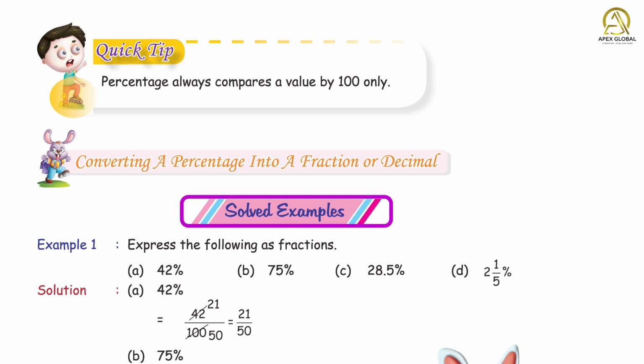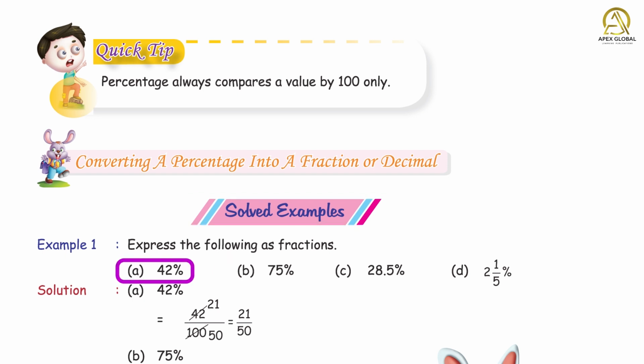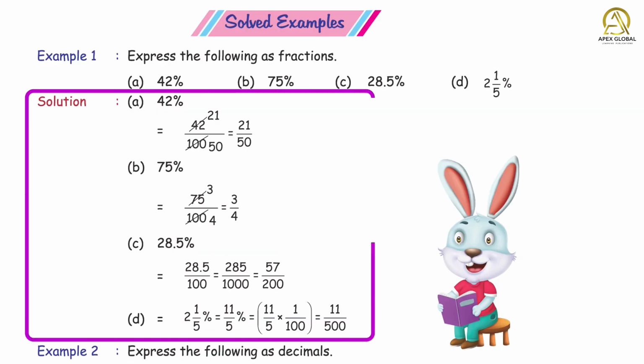Solved example. Example 1. Express the following as fractions: A 42%, B 75%, C 28.5%, D 1 upon 5%. Solution: A 42%, 42 upon 100 is equal to 21 upon 50. B 75%, 75 upon 100, 3 upon 4.